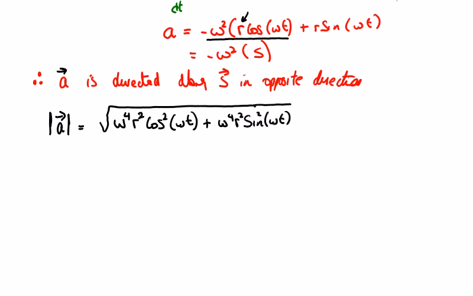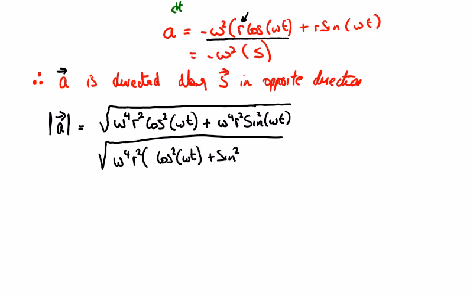So if we factor out w to the power of 4 r squared, we'll end up with cos squared plus sine squared, which is equal to 1. So we're going to get the square root of w to the power of 4 r to the power of 2, which becomes w squared r. So this is the magnitude of my acceleration, w squared r.